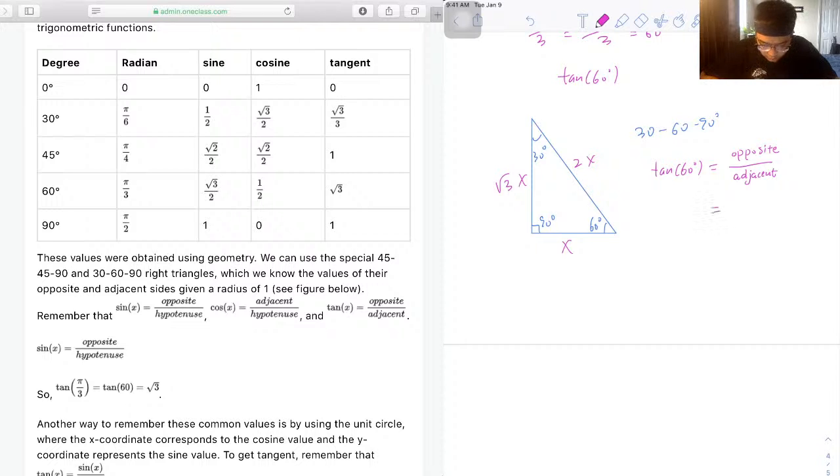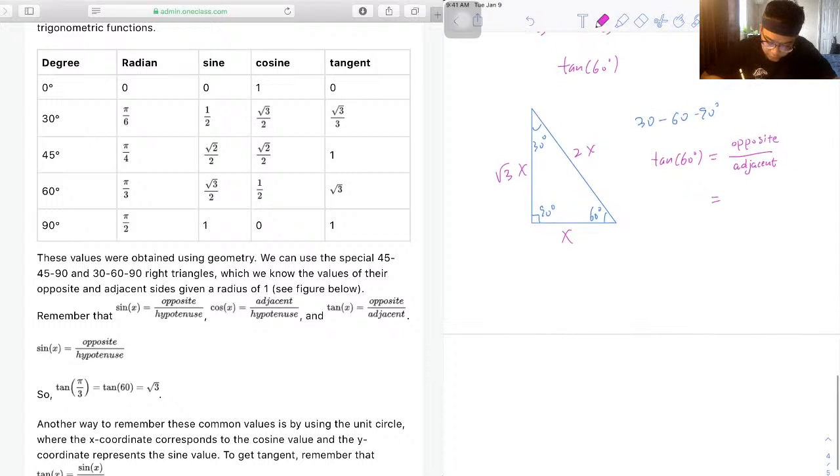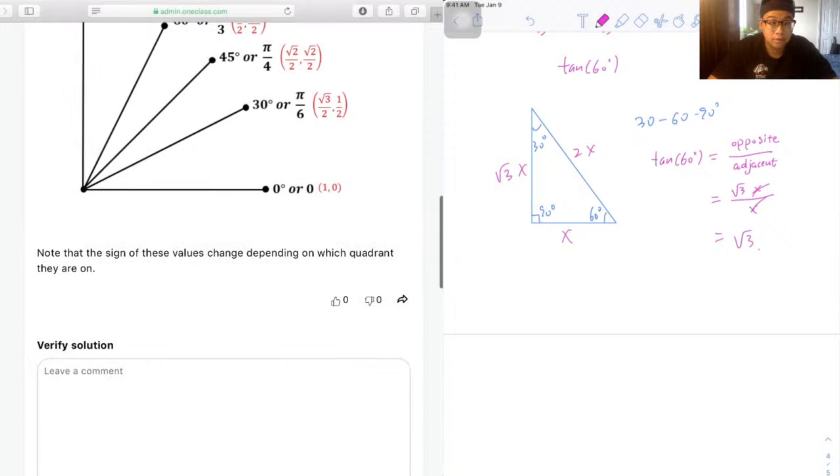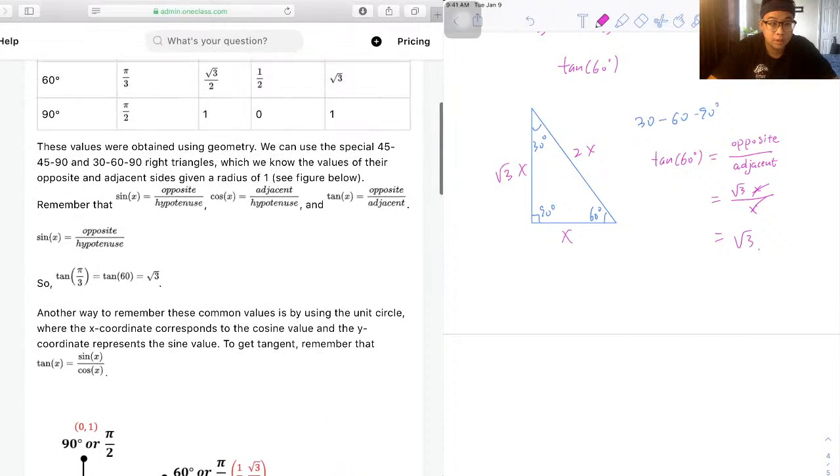Right. So our opposite will be root 3x, and our adjacent will be x. Therefore, we cancel out the x, so we only have root 3 left, which is our exact answer for tangent 60.